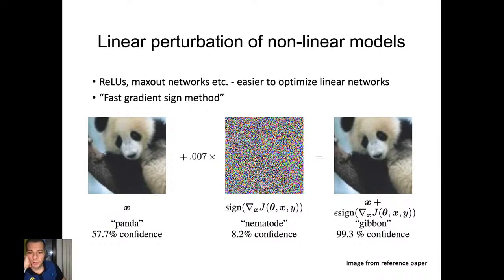So for some input x, the noise is going to be equal to the sign of the gradient of the objective, which is determined by the parameters of the model, the input x, and the desired label.